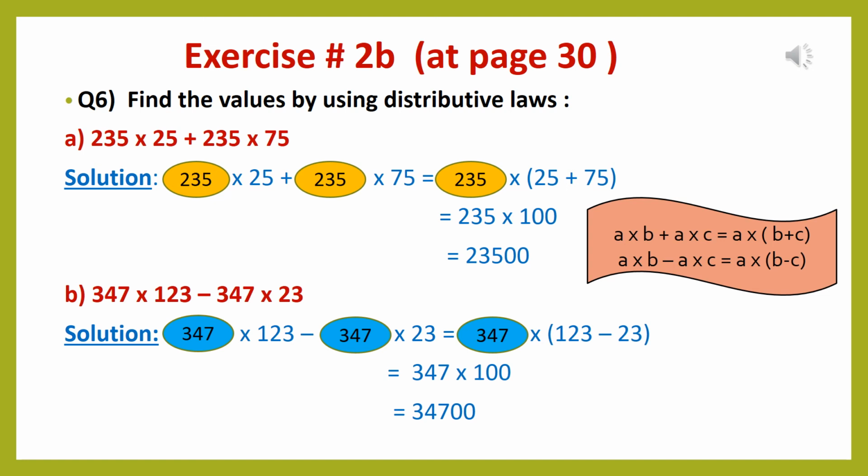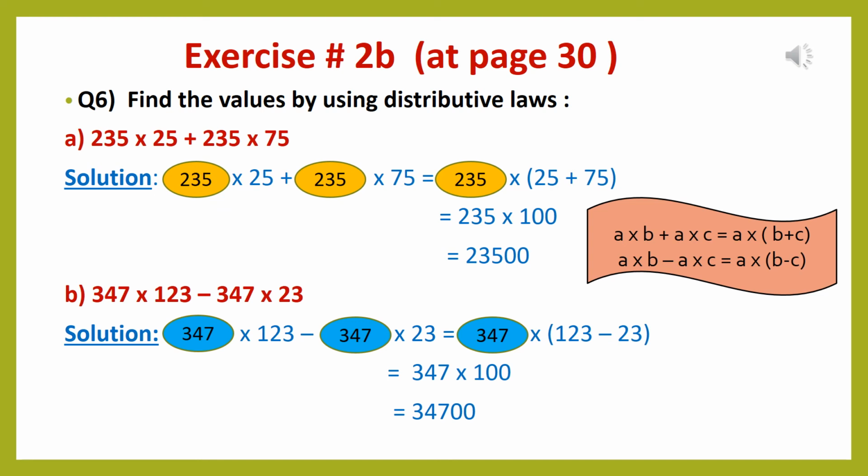In part A, we have 235 in common, so we will write 235 once, and then 25 plus 75, and then by applying the BODMAS rule, first we will solve parentheses, in which 25 plus 75 equals 100, then multiply with 235, which is equal to 23,500.